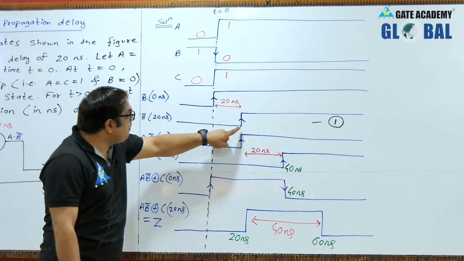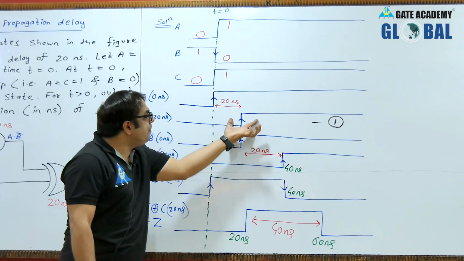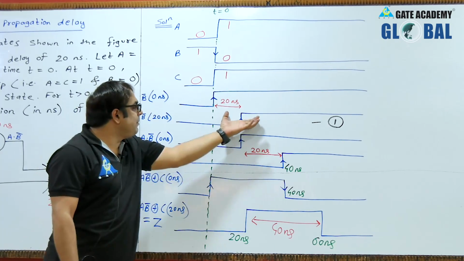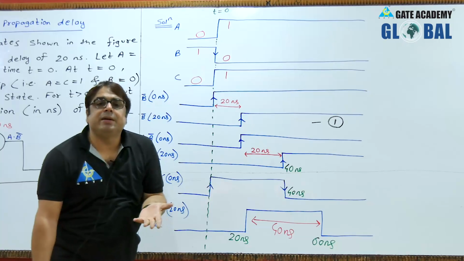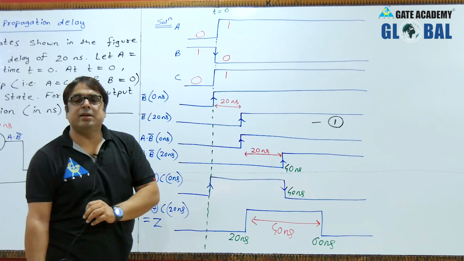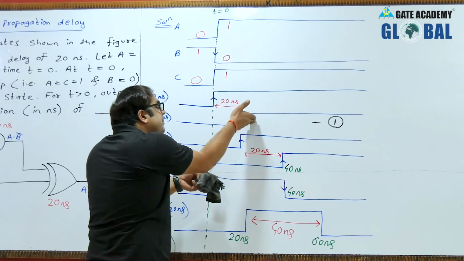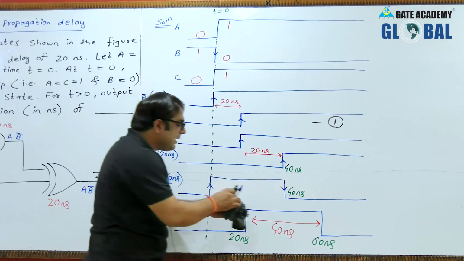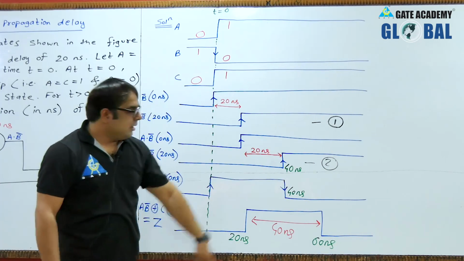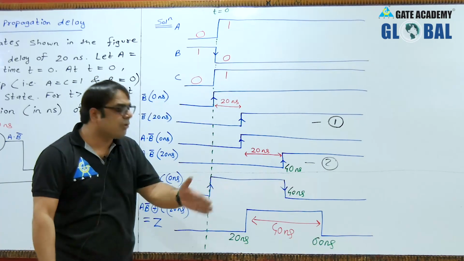And B complement, we already have drawn the first waveform. B complement dot 1 is B complement, but it is again having a delay of 20 nanosecond. So what you need to do is just draw this B complement, shifting it right hand side like this. This will be your second waveform directly, once you get comfortable with the basic of this one.